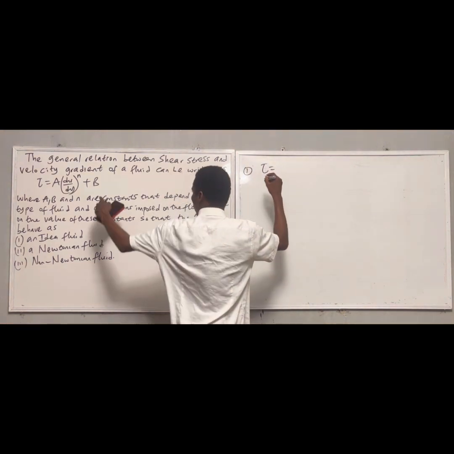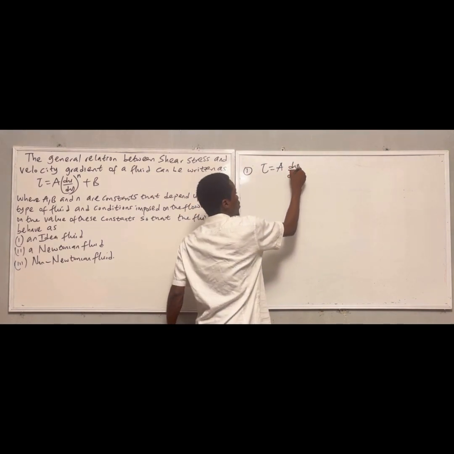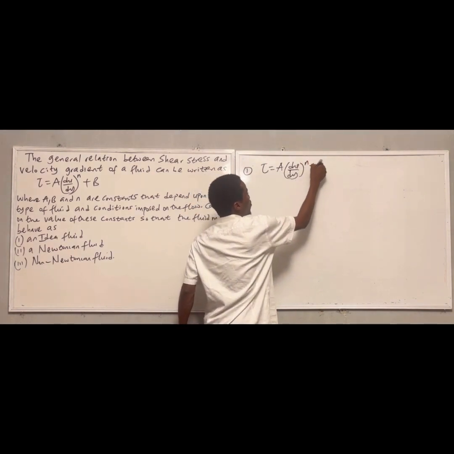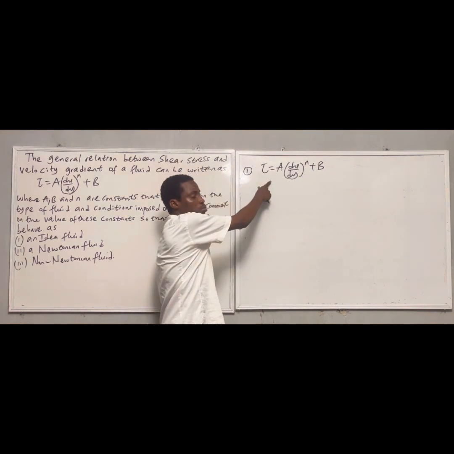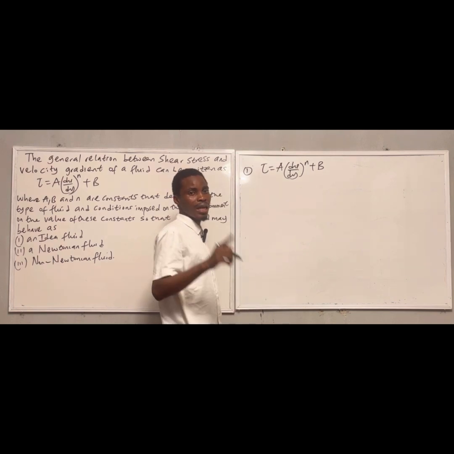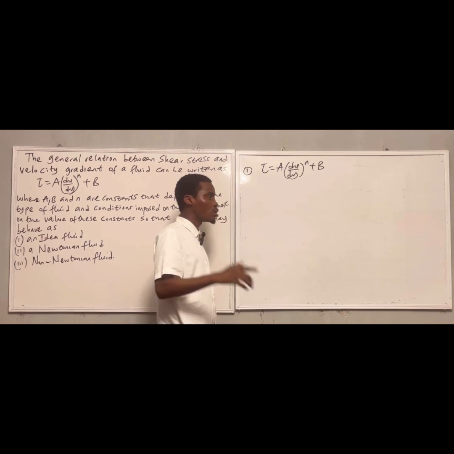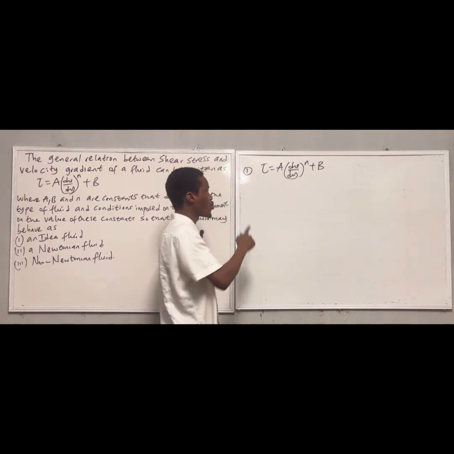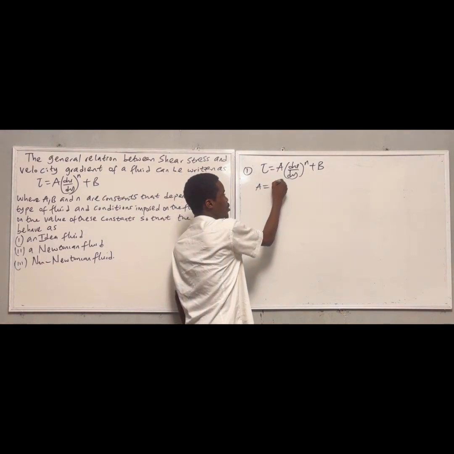Our tau is A (du/dy)^n plus b. We want to show that this behaves as an ideal fluid. An ideal fluid is a type of fluid in which the viscosity is zero, and if our viscosity is zero, our shear stress will be zero. So for this to behave as an ideal fluid, A and B will be zero.